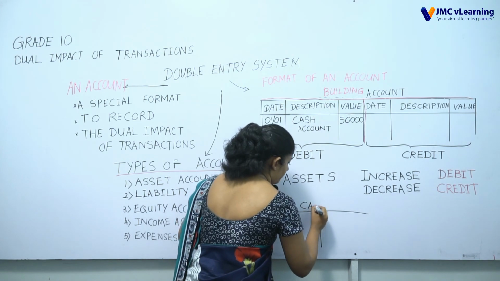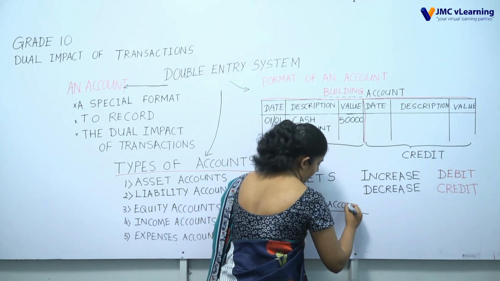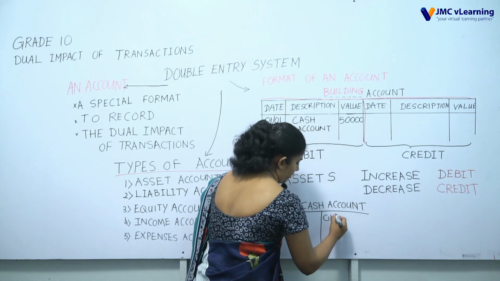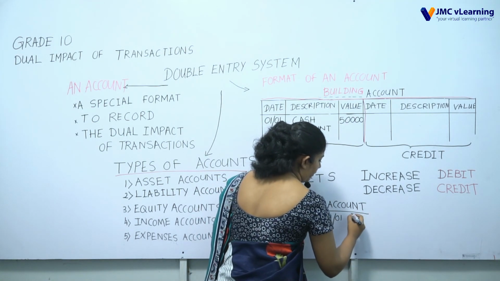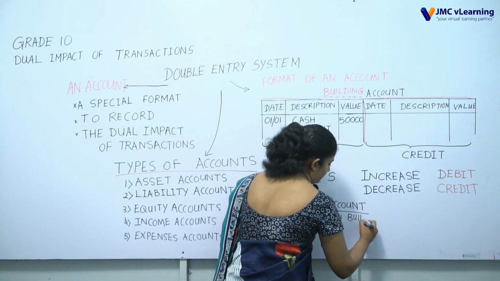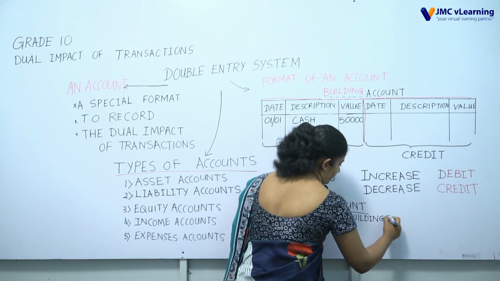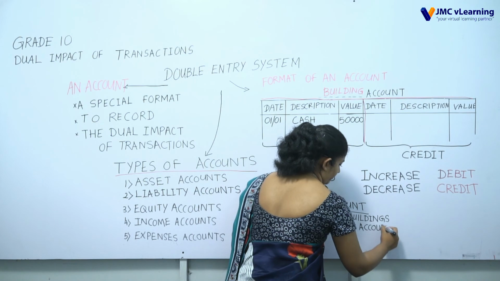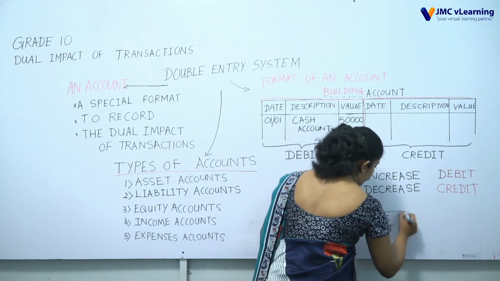Cash account, date 1st of January. The other entry of this transaction is in buildings account. Amount 50,000.